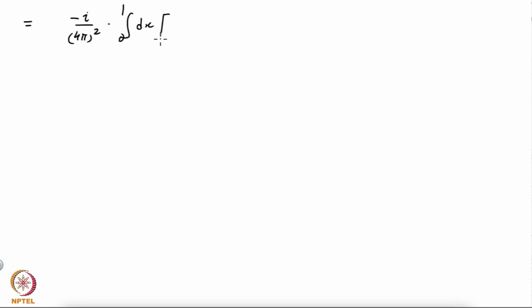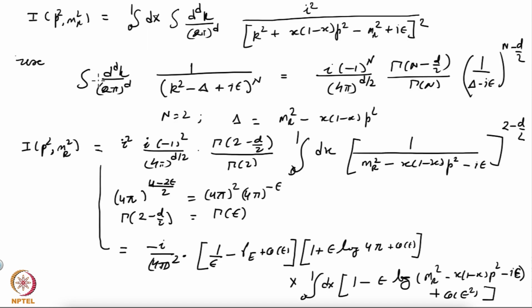You should check that this is what you get. So you get a 1 over epsilon. How do you get it? When you multiply this 1 over epsilon with 1 here and with 1 there. So that produces the most singular piece. Then the finite terms. So look at minus gamma E times 1 times 1. That's minus gamma E.